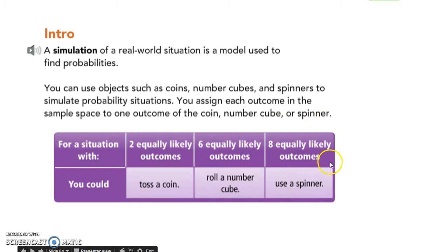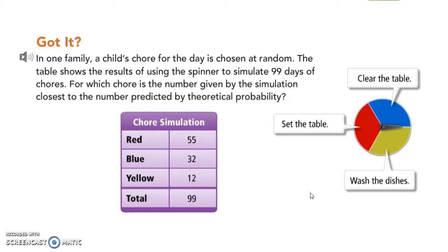I could have an 8-sided spinner for 8 equally likely outcomes. And then remember, I can use the simulation to make a prediction about which is closest between the theoretical probability and the actual experimental probability, the actual data.